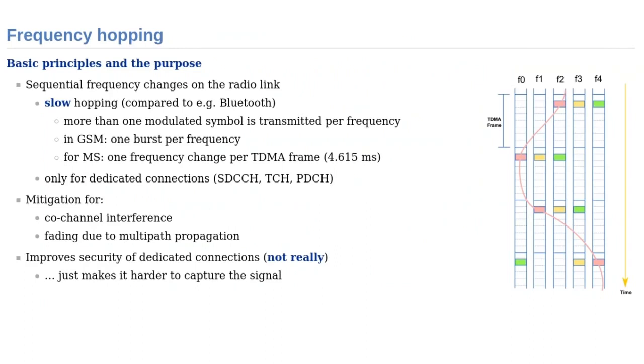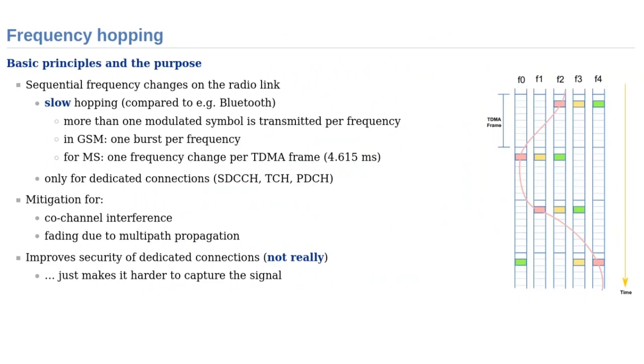In GSM in particular, it's slow hopping if you compare it to Bluetooth or other technologies. So in GSM, more than one symbol is transmitted per frequency. It's the whole burst that you transmit, and for the MS side, it happens once per TDMA frame, so close to 5 milliseconds.